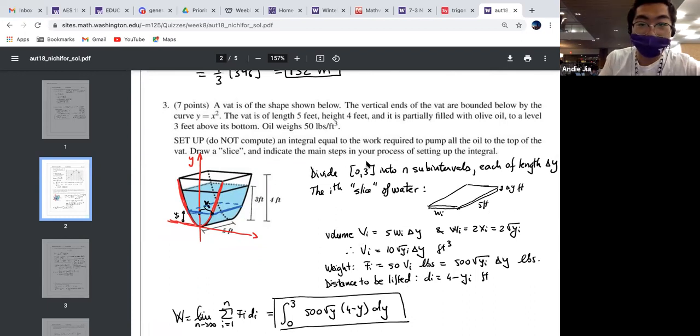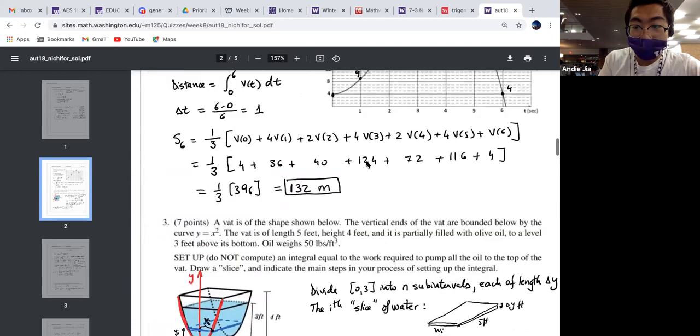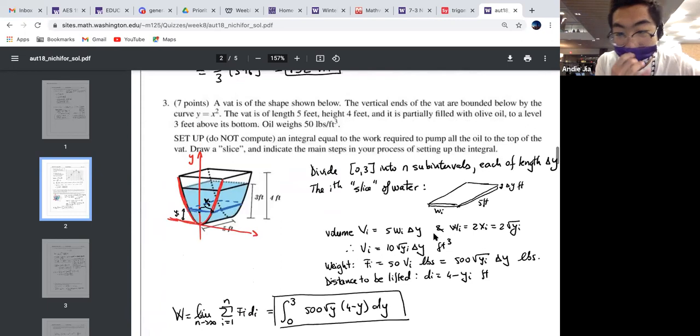And for the pounds, you get 500 times the function. For now we have the volume is 2 squared y. Here this is 5 feet, so you multiply this by 5, so 5 times the width and delta y, and this will be the volume.